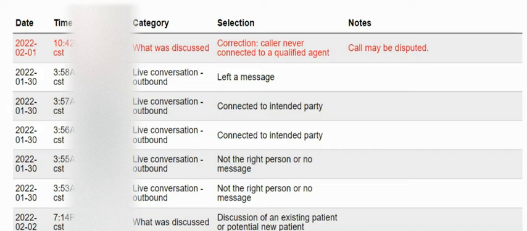Guys, January 30, for example, this is just an example. 1, 2, 3, 4, 5, and the category would be the same. This one is outbound, outbound, outbound, outbound, and you got it wrong because you did not monitor your audit report.